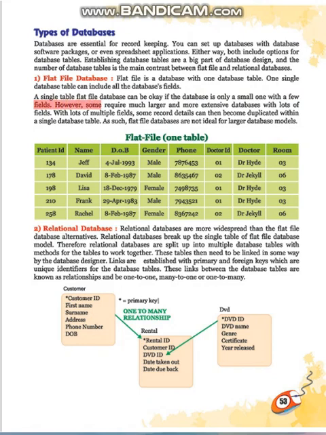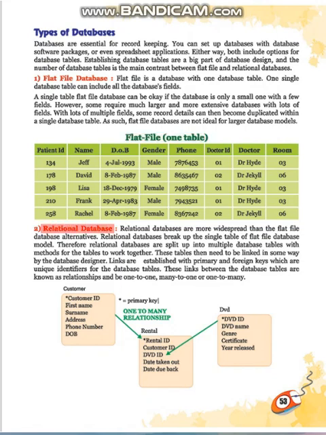However, some require much larger and more extensive databases with lots of fields. With lots of multiple fields, some record details can then become duplicated within a single database table. As such, flat file databases are not ideal for larger database models. Flat file, one table.